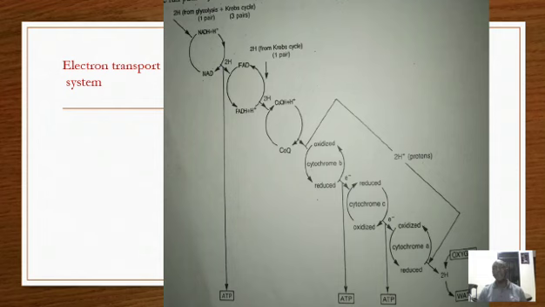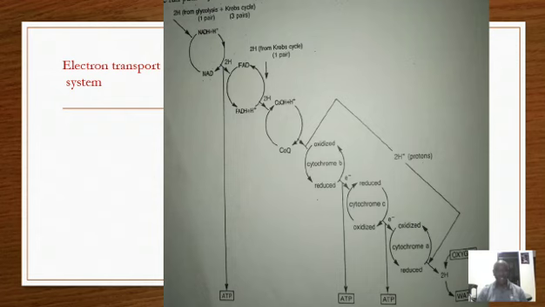But the whole process of oxidative phosphorylation occurs in presence of oxygen. So briefly, we can say and conclude that oxidative phosphorylation is the formation of ATP in presence of oxygen.